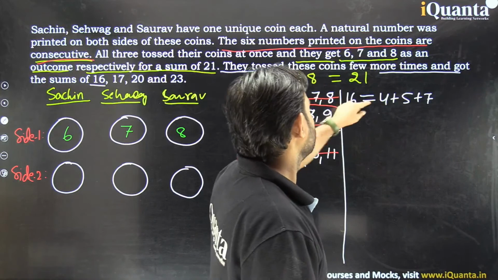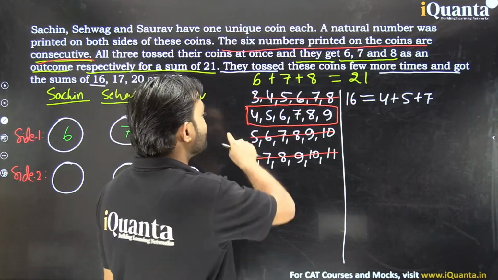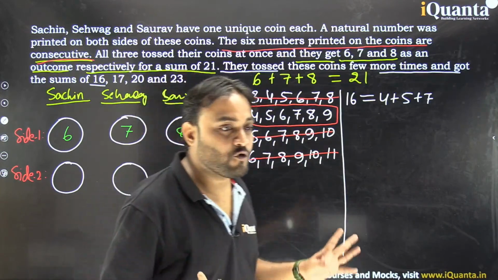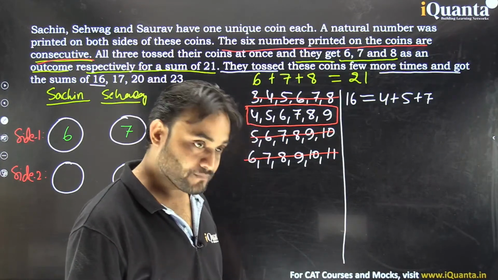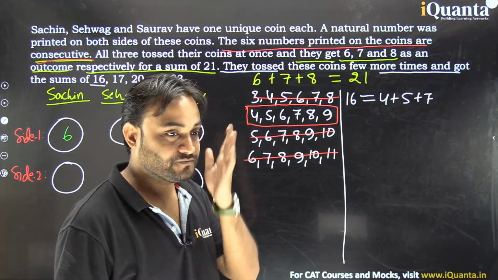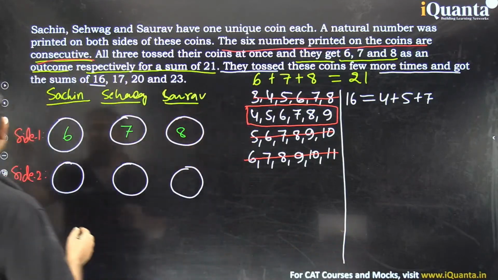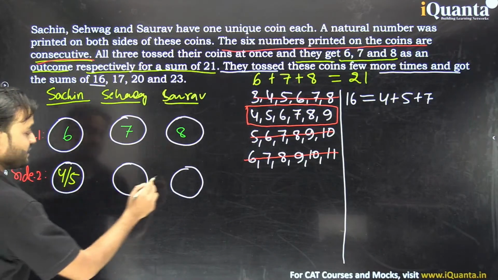Tell me. Can you write 16 in any other way using these numbers? Apart from 4 plus 5 plus 7? No, right? Can we say here that 4 or 5 must be here?